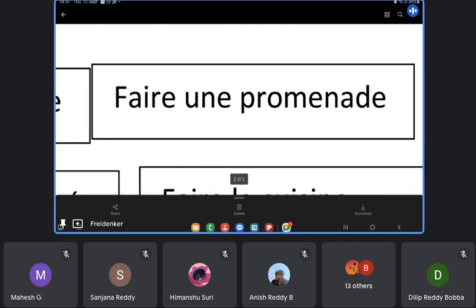Here again, see, it is not la, it is une here. So careful. Faire une promenade. It literally means to take a walk or to do a walk, to make a walk, whatever. Promenade is basically walking, to stroll around or whatever.